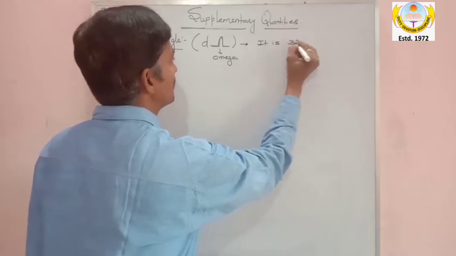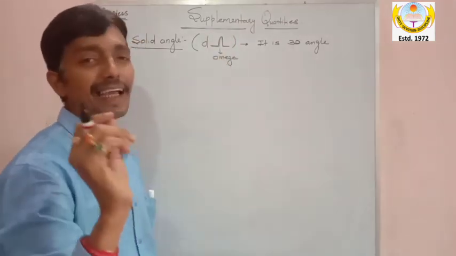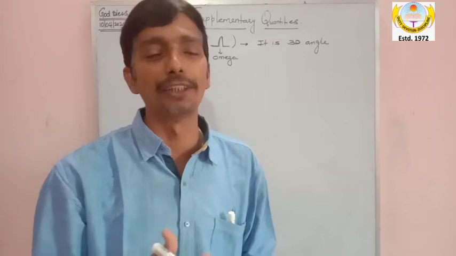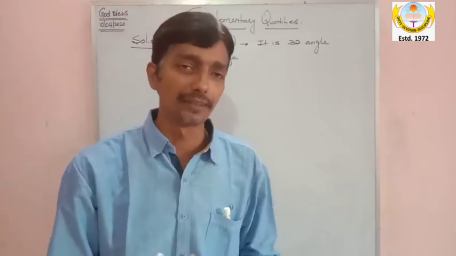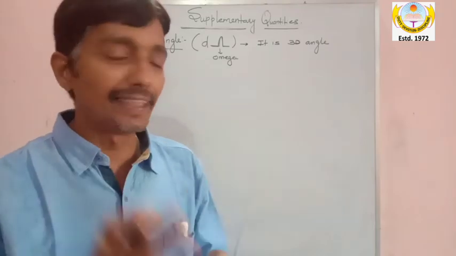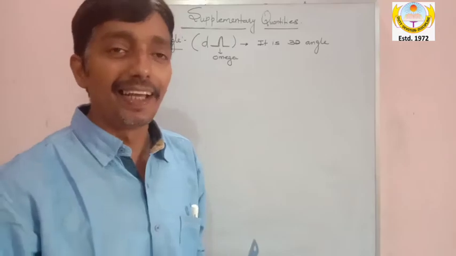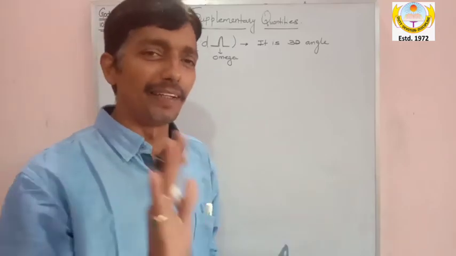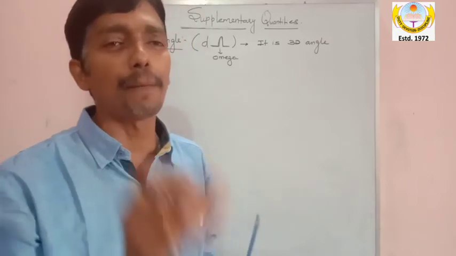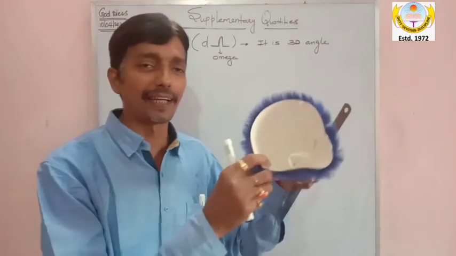Okay. So now it is denoted by d omega, and my dear, what actually is it? 3D angle. It is a 3D angle, my dear. So when I go for 3 dimensional pictures, we get this kind of concept of solid angle. First of all, that's very important. And second, whenever you draw the diagram for solid angle, you will find the shape of a cone like this. This is a cone I have taken, my dear.